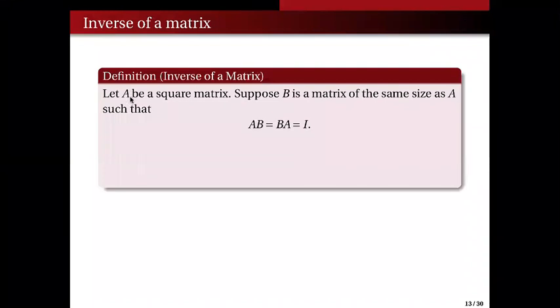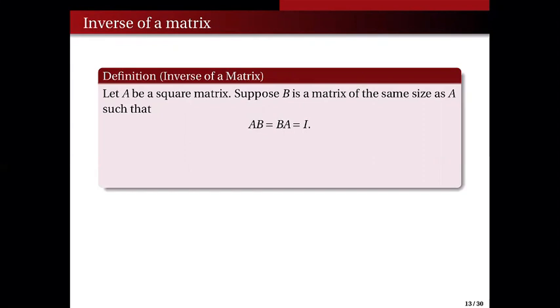So, let A be a square matrix, and suppose we found another matrix B, the same size as A, such that if you multiply AB, or you multiply BA, you get the identity matrix.